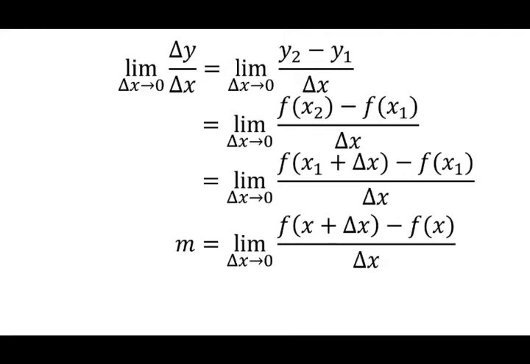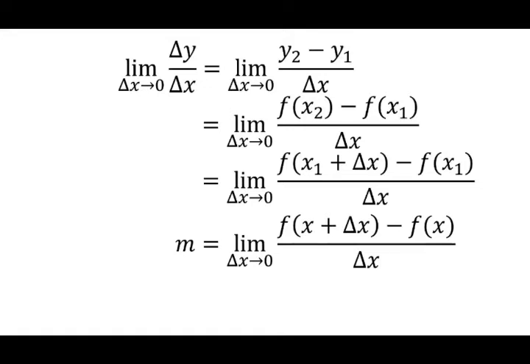So the slope of a curve y equals f of x at x is equal to the slope of its tangent line. Hence, at x, the slope is equal to, so tanggal natin yung mga subscript, f of x plus delta x minus f of x all over delta x as delta x approaches 0.